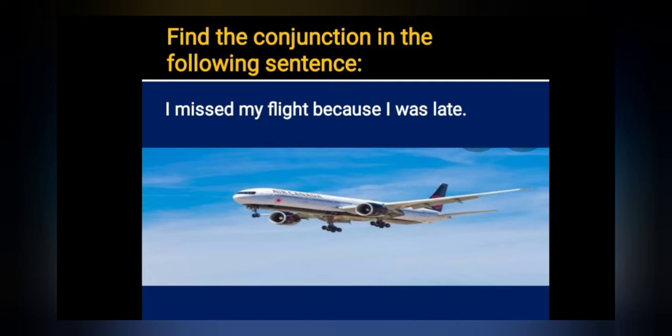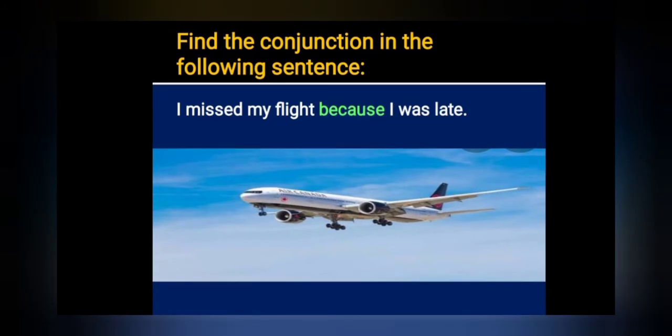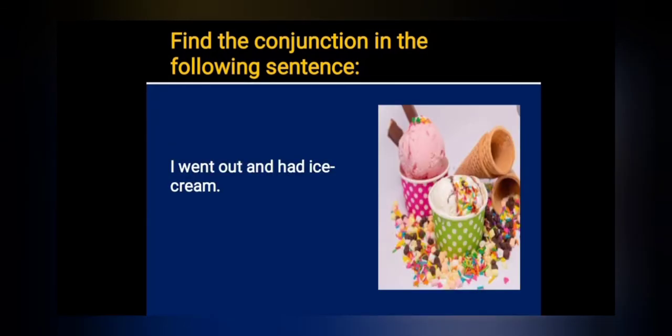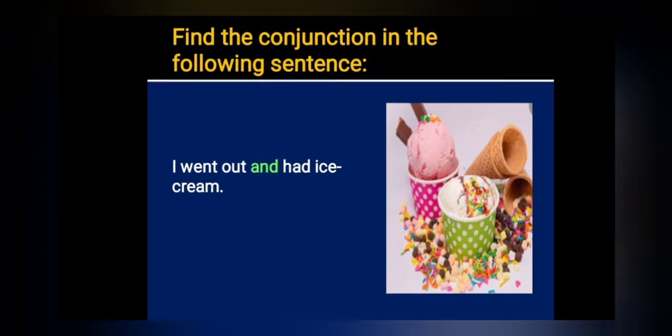Yes, you have guessed it correctly. I missed my flight because I was late. Now the next sentence on the screen is I went out and had ice cream. Yummy. I went out and had ice cream. Find the conjunction. Well, your guess is correct. The conjunction is and. I went out and had ice cream.